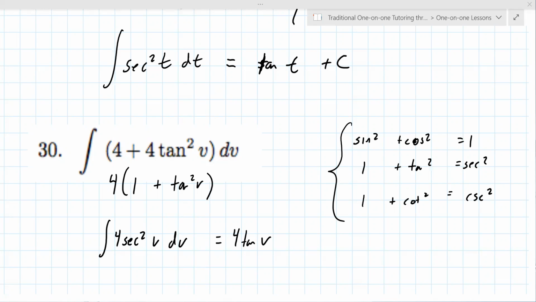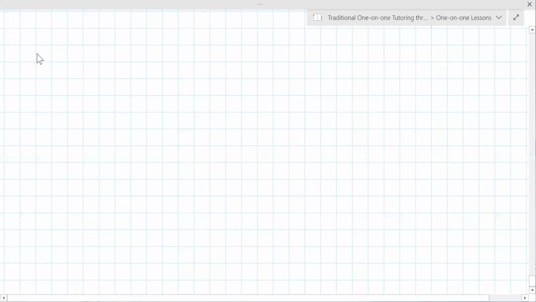Maybe either 31 or 32. This is one of those where you might convert everything to sine or cosine. But that's just one strategy.